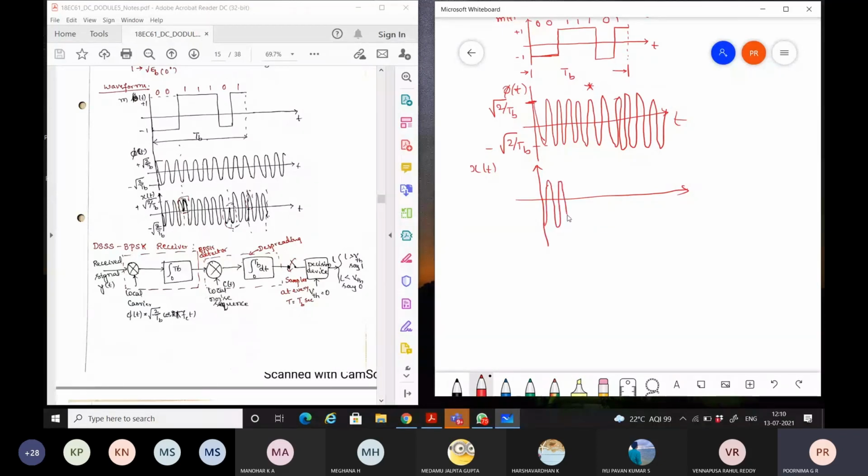Okay. So at this point, two zeros. Okay. So you should show there is a 180 degree phase shift. So how to show that one? So whenever it is multiplied, it starts with 0.